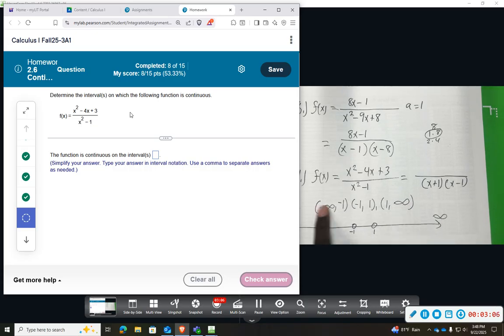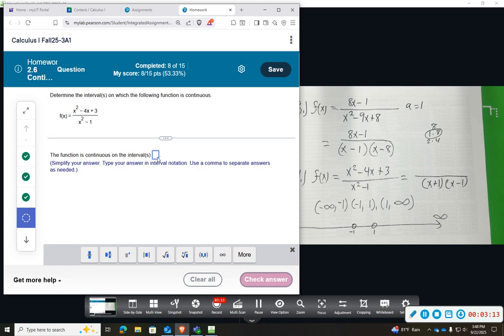So that's where we're getting these 3 continuous pieces from. We'll use interval notation: negative infinity to -1, comma to separate, -1 to +1, and 1 to positive infinity.